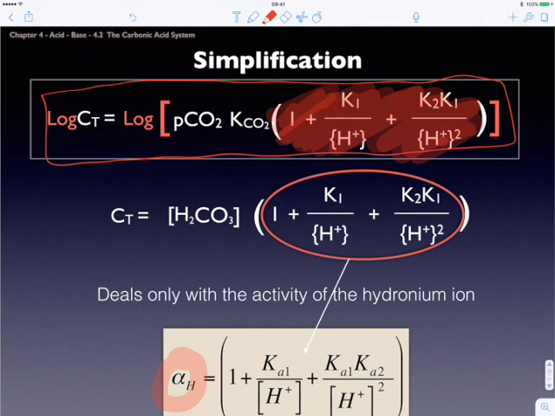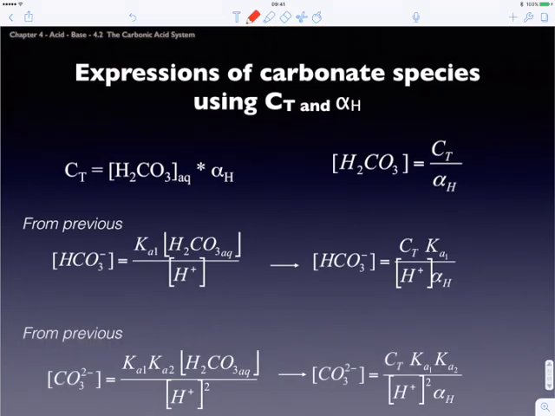So if you're doing the exercise, I advise you to use this example here, where you calculate this value for the parameters that are given in your exercise, and then use this in the following equation. When you want to know how much bicarbonate, how much carbonate, how much total DIC, you can actually calculate it if I'm giving you exactly the specific parameters.